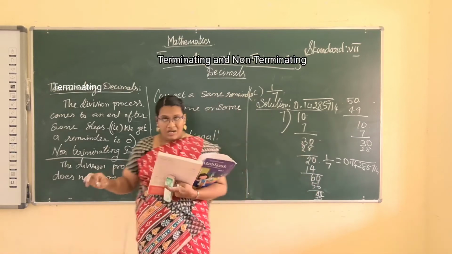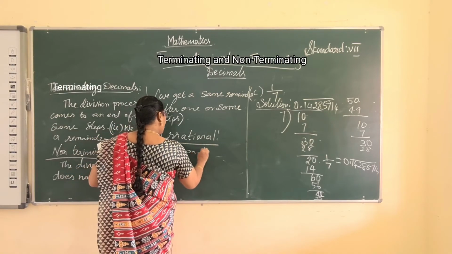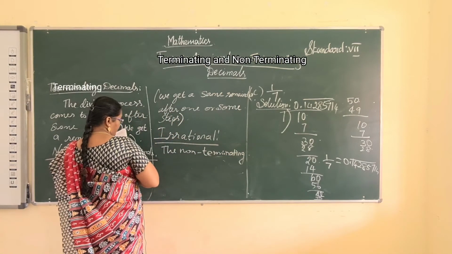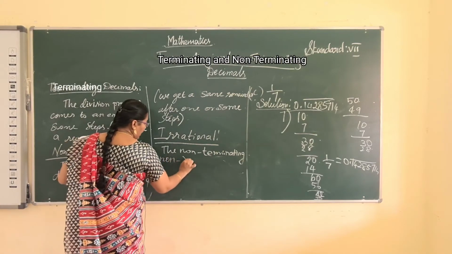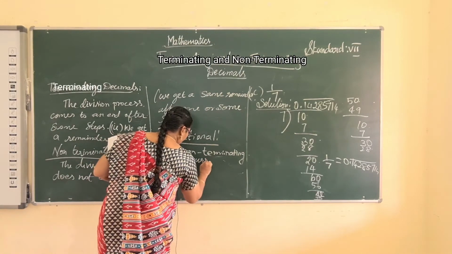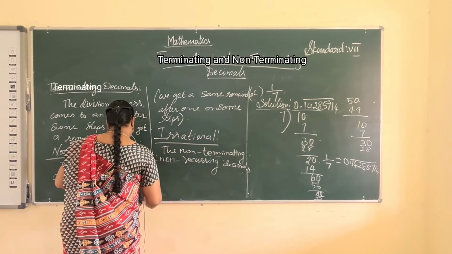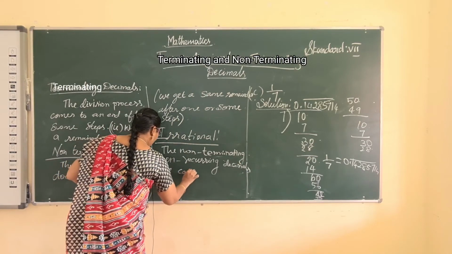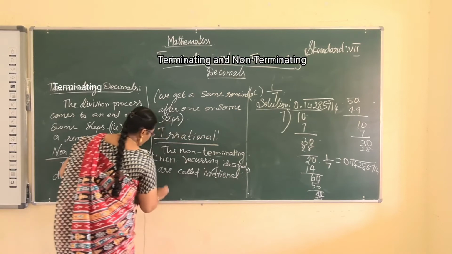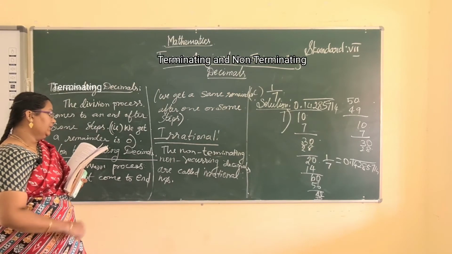So what are called irrational numbers? The non-terminating, non-recurring decimals are called irrational numbers.